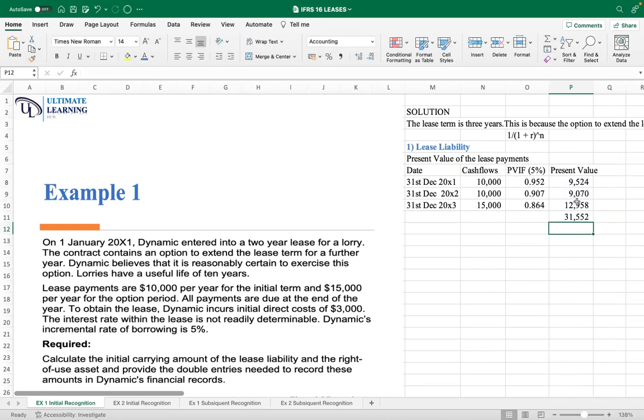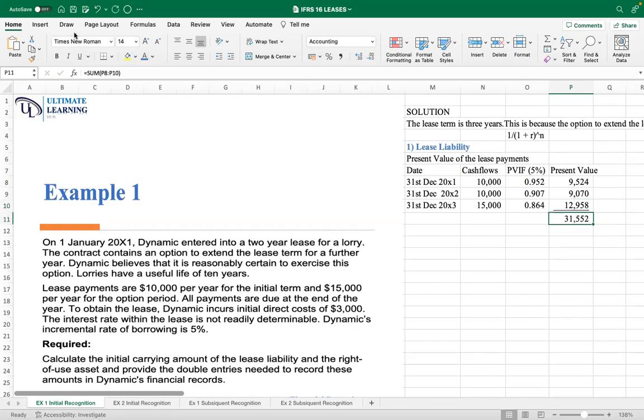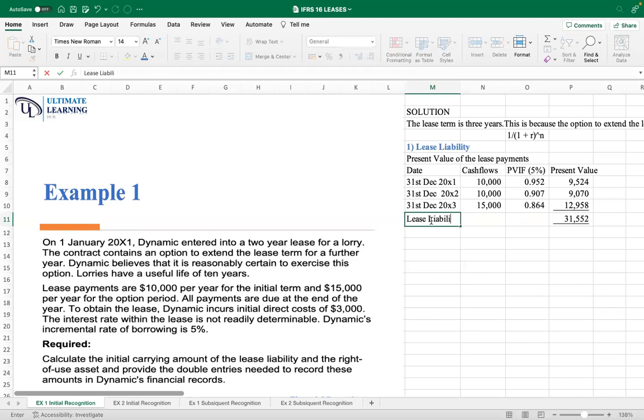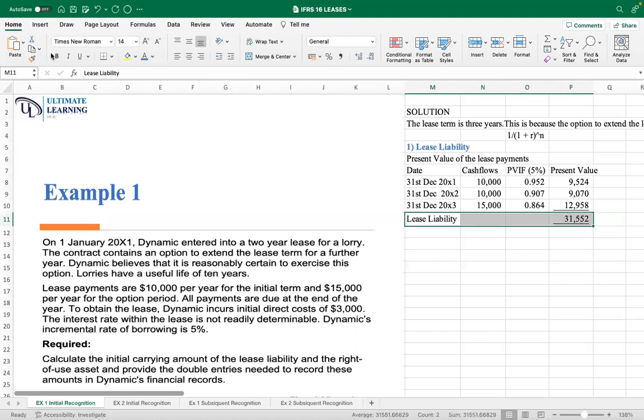The total present value is 31, and this becomes the lease liability. Please, I'm repeating. Lease liability is the present value of the lease payments. So we have answered requirement number 1.